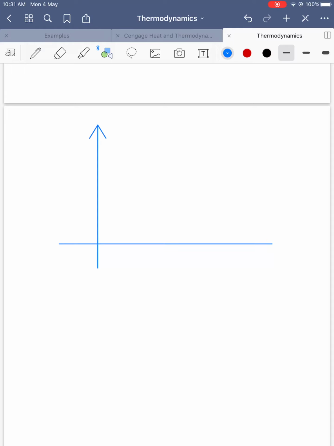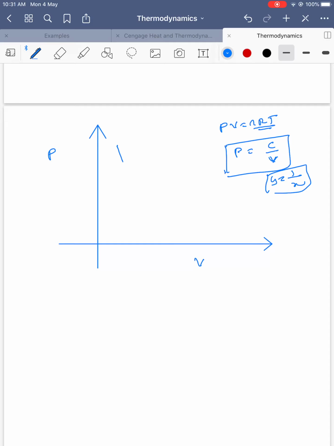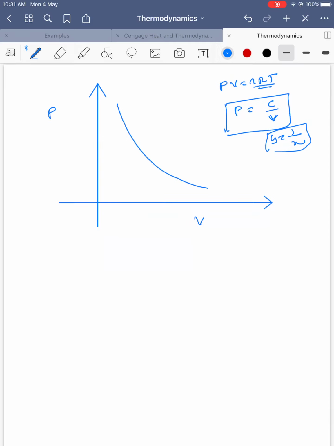Pressure versus volume. As per the graph, PV is equal to nRT, so P is equal to C by V, where nRT is a constant C. It's like Y is equal to 1 by X, so the isotherm comes down. What is the slope of this curve?